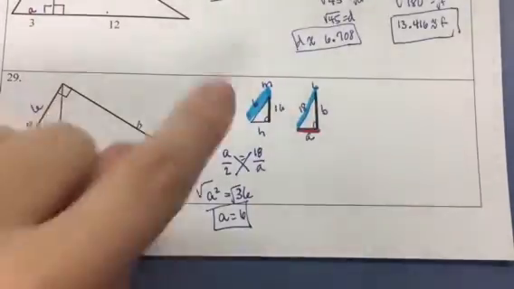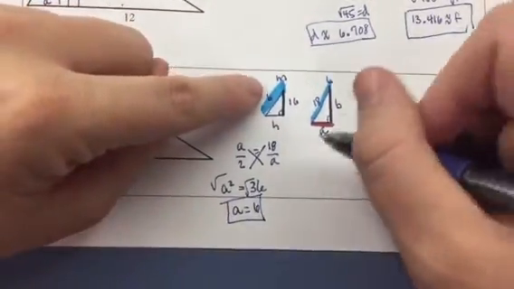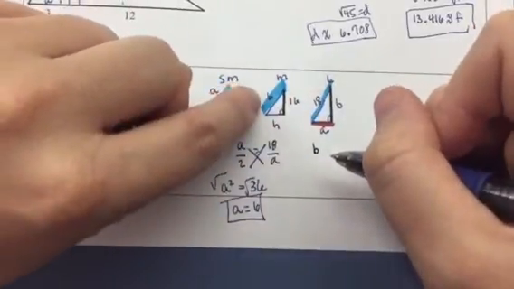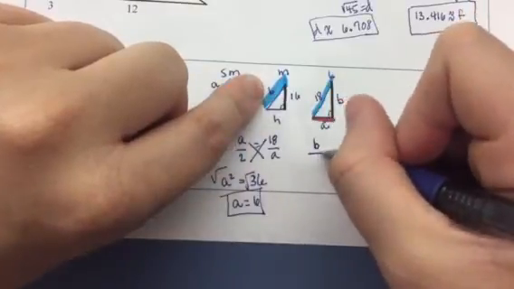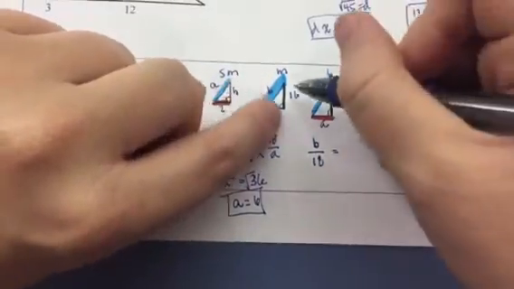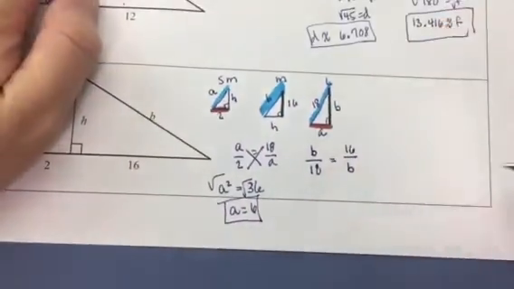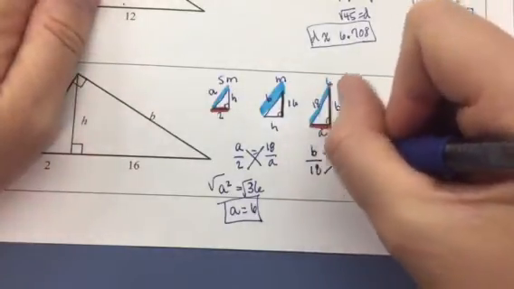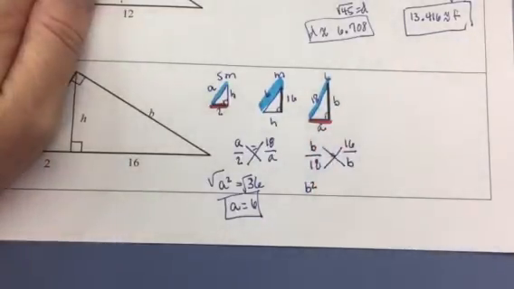So now I'm not even looking at my small triangle, but I could set up my ratio B over 18 or B over 16. I'm going to do B over 18, so medium to large, blue only. B over 18 is equal to 16 over B. Now you might have B over 16 equals 18 over B. What matters is that our cross products end up being B squared and whatever the product of 18 times 16 is.